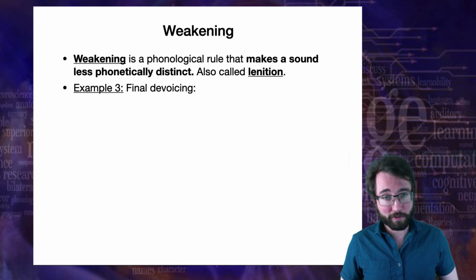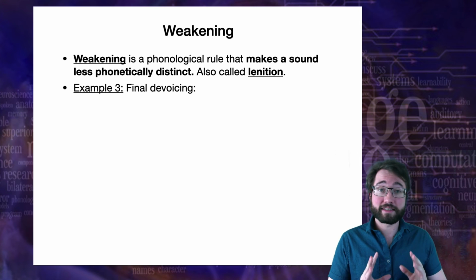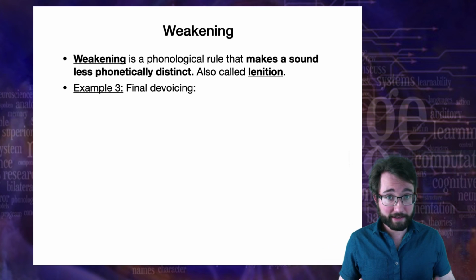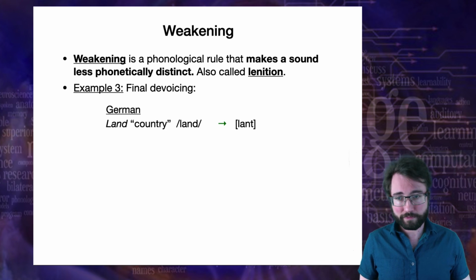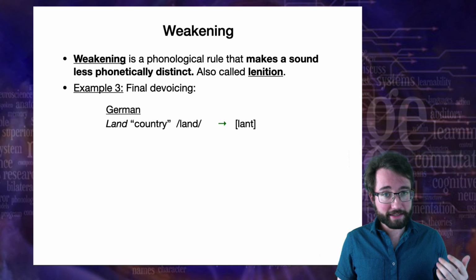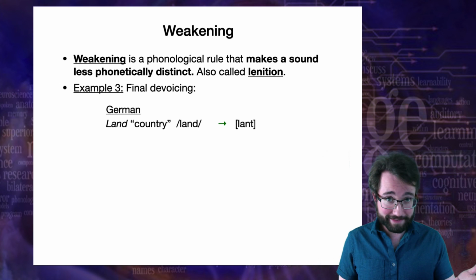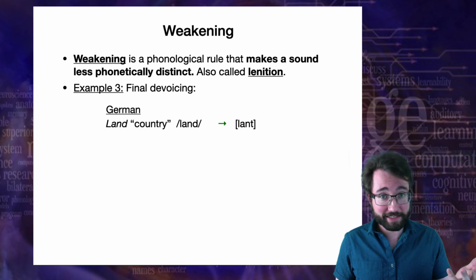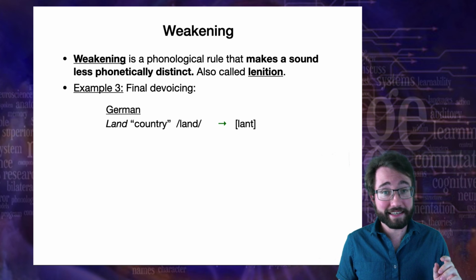A final example of weakening is what's called final devoicing. This is something that doesn't happen in English, but it does happen very, very frequently in other languages. So I'll give you some examples from German. In German, there's this word Land, which has the phonemes l, a, n, d. It means country, as in the name of the country Deutschland, which means Germany. And phonetically, it comes out as Land with a T at the end.